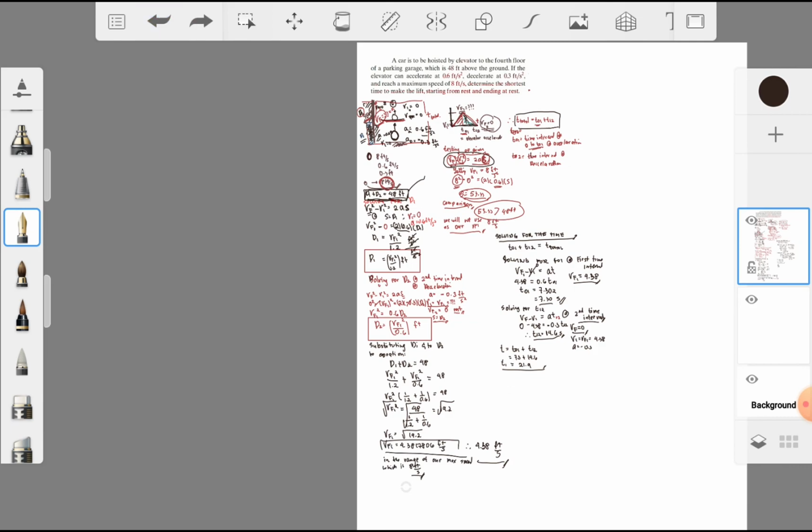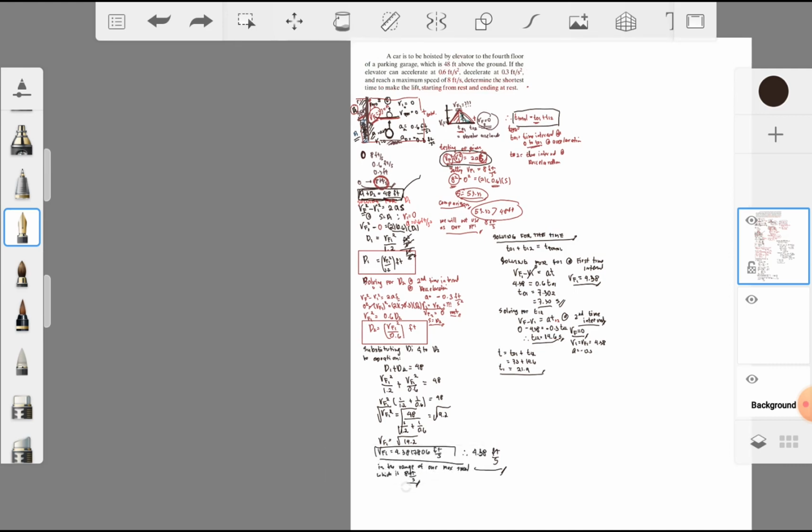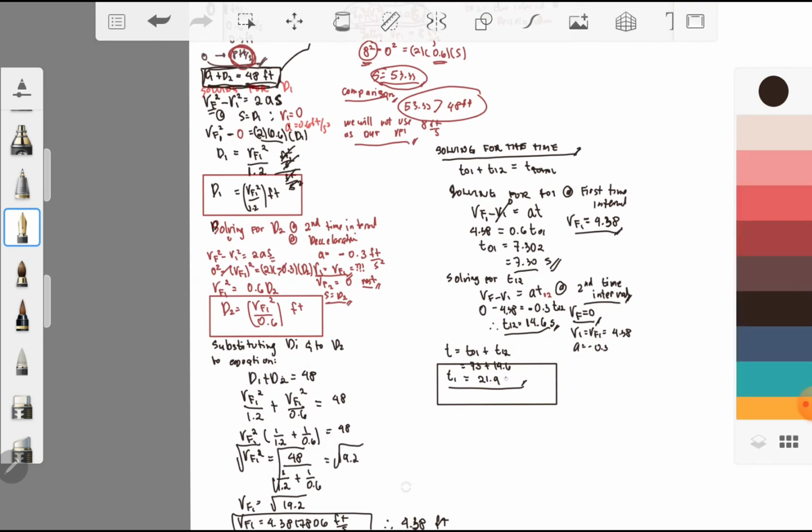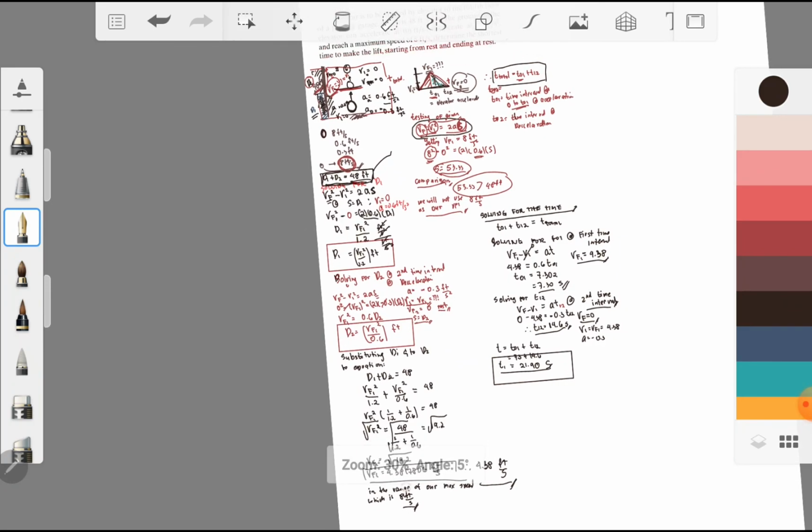Okay, so our final answer will be T1 is equal to 21.9. 21.90 yan. Lagay mo lang 0 kasi kailangan ko ng 2 decimal places. Okay, seconds.